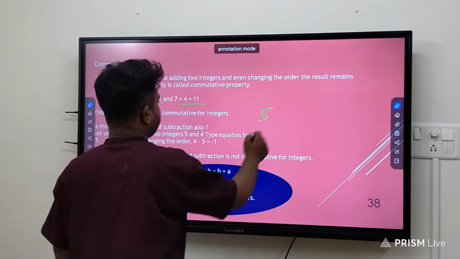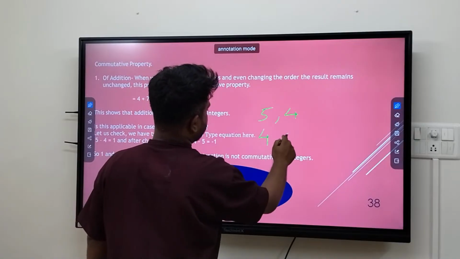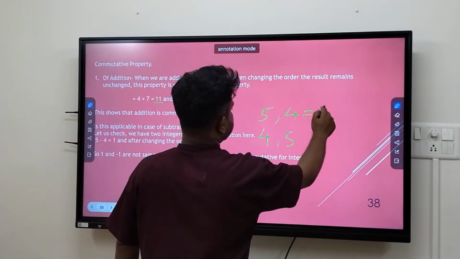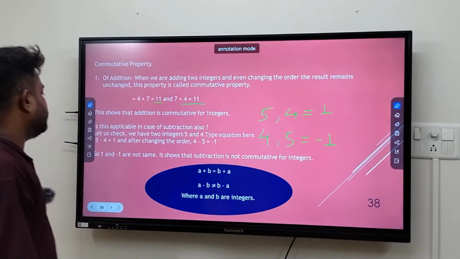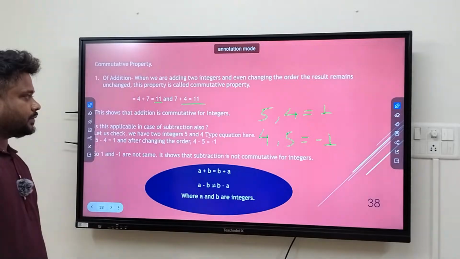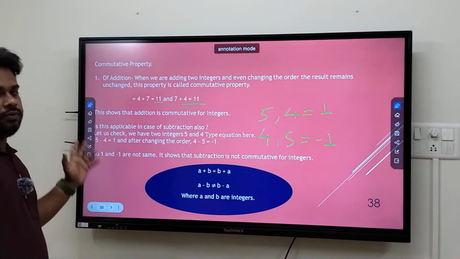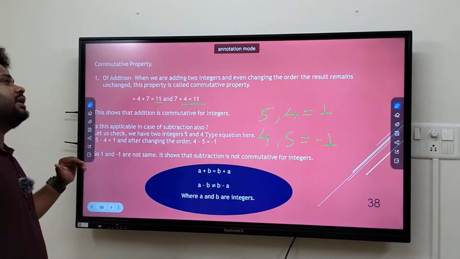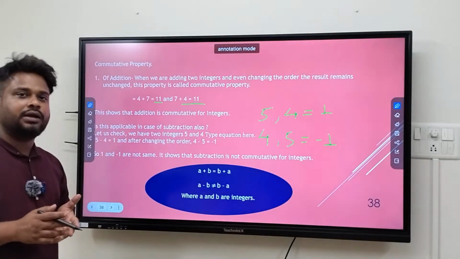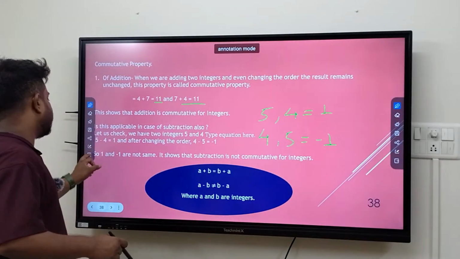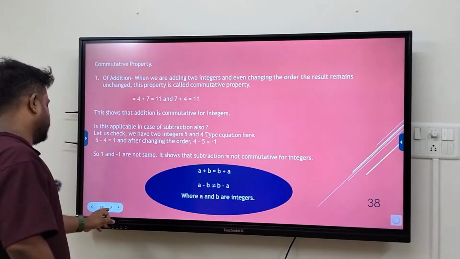If we subtract 5 minus 4 and again subtract 4 minus 5, the answers are 1 and minus 1. So these are not the same. That's why we can say that the commutative property does not hold for subtraction. But for the closure property, it holds because 1 and minus 1 both are integers.